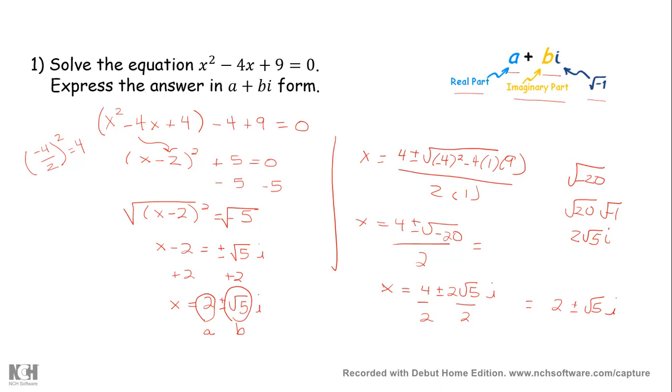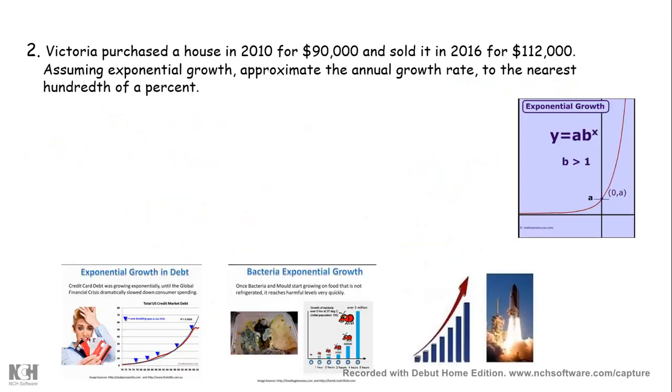All right, going on to number 2. Now, number 2 is an exponential growth problem. Victoria purchased a house in 2010 for $90,000 and sold it in 2016 for $112,000. Assuming exponential growth, approximate the growth rate to the nearest hundredth of a percent.